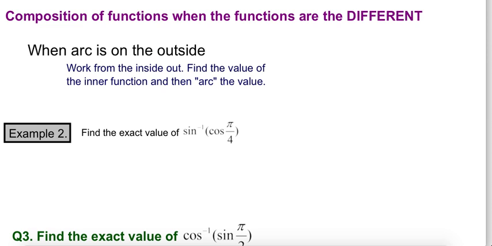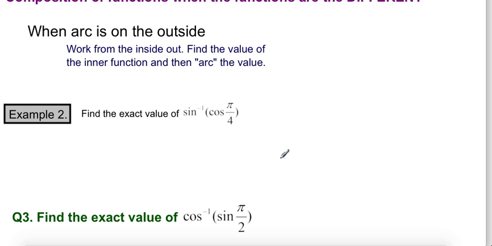You're going to work from the inside out. You're going to find the value of the inner function and then arc that value. So if we do example 2, well, what's the cosine of pi over 4? Well, the cosine of pi over 4 equals root 2 over 2. So now I'm left with the arc sine of root 2 over 2.